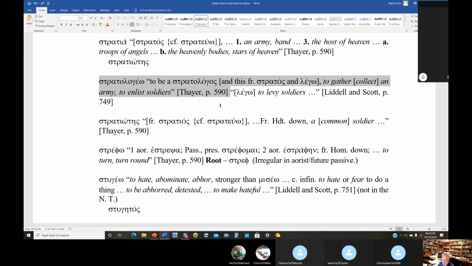So this will not help you if you're using it for the Septuagint. It might be irregular in the Septuagint, or it might be irregular in what's called patristic Greek. Patros is father, so the church fathers, they call them. All right, and those Greek writers of the second and third century and so forth, in some of those writings.